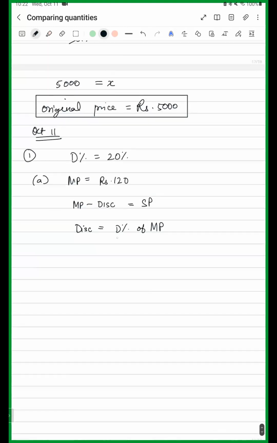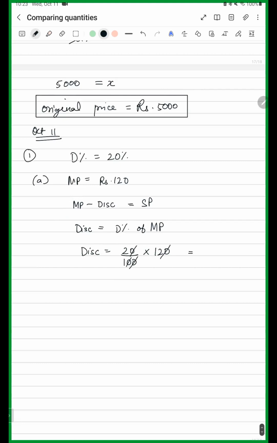So discount is D% of MP. So we know MP, we know D%. So we can find the discount, right? So discount is equal to 20% by 100 multiplied by 120. Then you will cancel the zeros. Then we will have 24. Discount is 24 rupees.